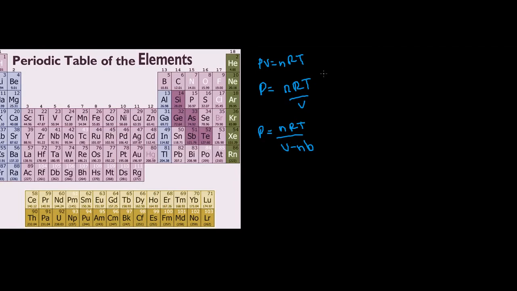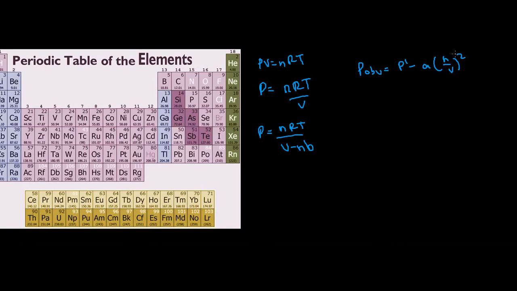Next is the pressure correction factor due to intermolecular forces. Pressure is not as high as it would be because of the intermolecular forces. Because they're assumed not to interact, the particles strike the surface of the container with maximum force.